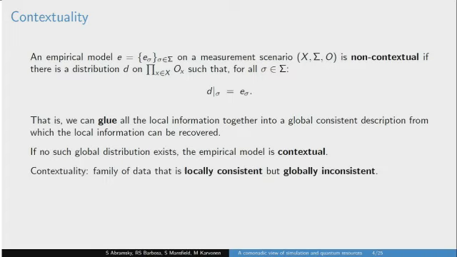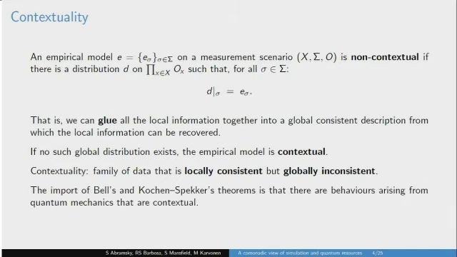So in other words, you have these marginal distributions that agree where they overlap, but there's no way of gluing them together to get a single probability distribution that explains all of it. And it turns out that nature is such, at least if you believe in quantum mechanics, and indeed this has also been demonstrated in multiple experiments.